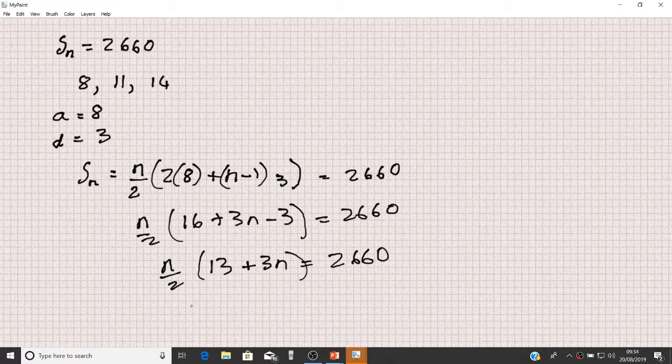So we will end up with a quadratic equation, 3n squared plus 13n equals 5,320. It's going to give us a strange quadratic equation. Let's just see if we can solve that quadratic using the calculator.